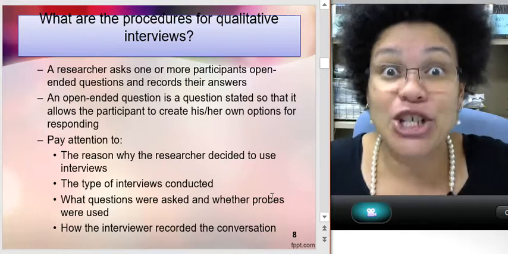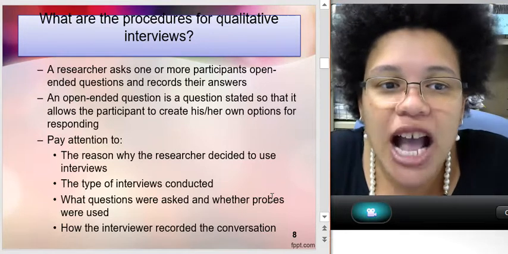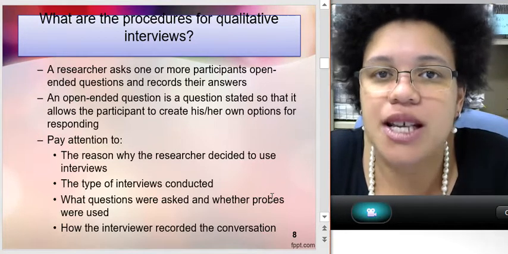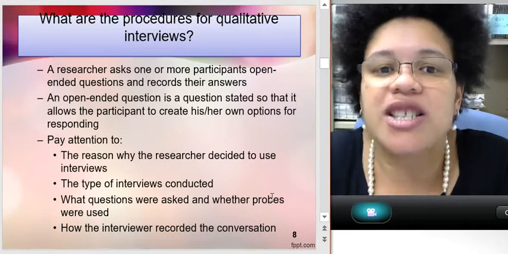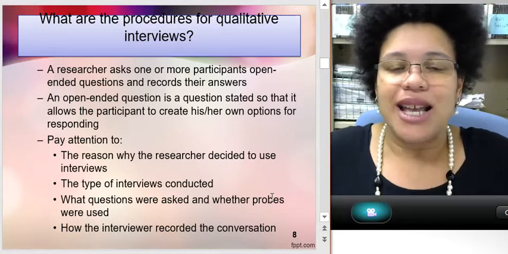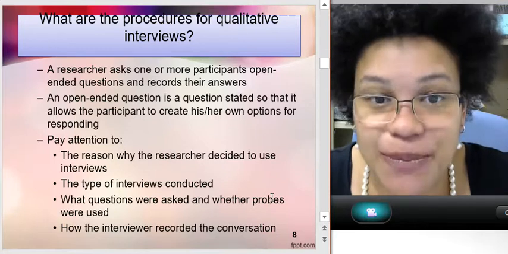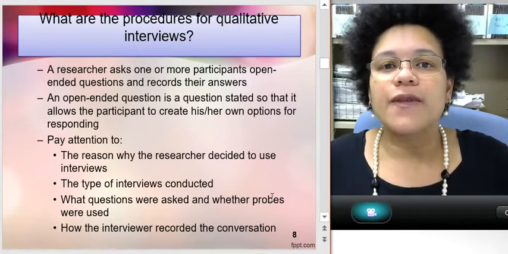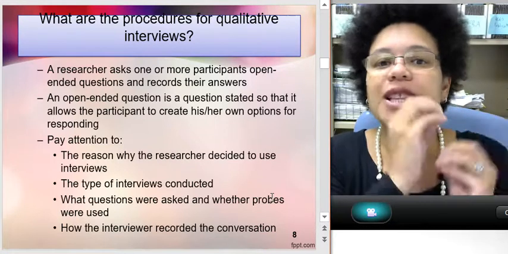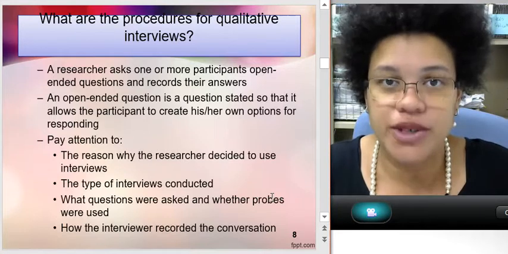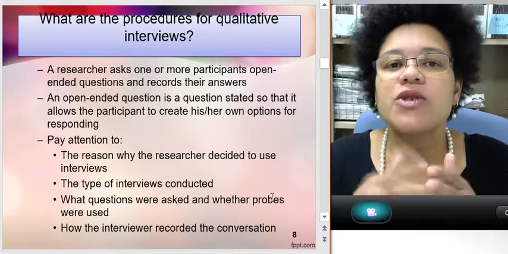So we want them to talk. An open-ended question is a question that allows the participant to have options for responding, right? When we think of quantitative surveys, we think of very limited choices on how you're going to respond. Well, qualitative interviews are opposite to that.